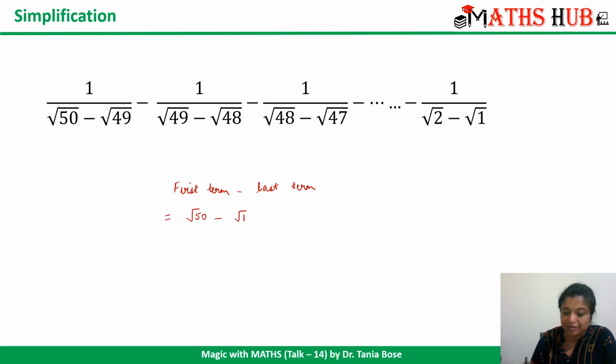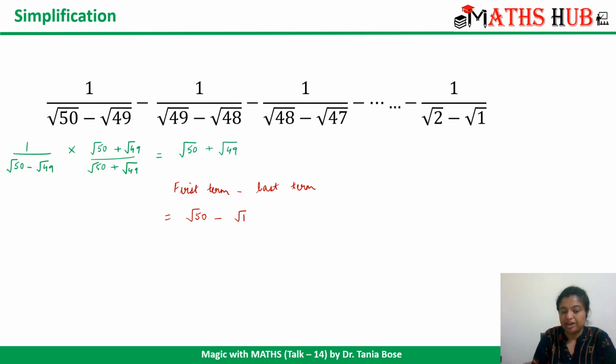Now, how is the trick being applied? I'll show you the first part and then you can apply it on the same fractions again and again. You have this. Let's multiply it with root 50 plus root 49, and similarly root 50 plus root 49. The numerator will become root 50 plus root 49 and the denominator will become root 50 square minus root 49 square, which is 1.